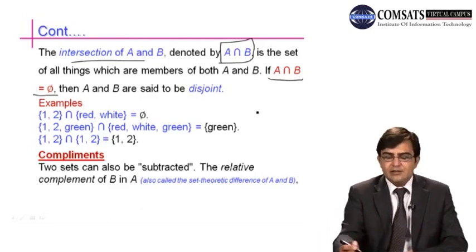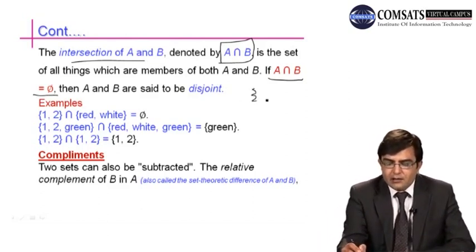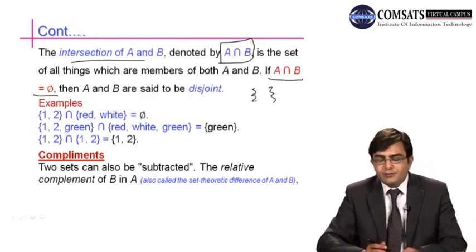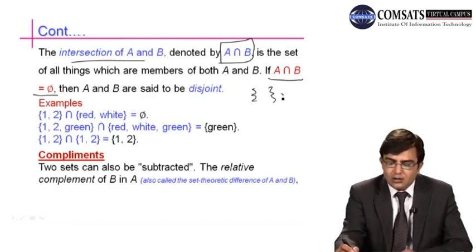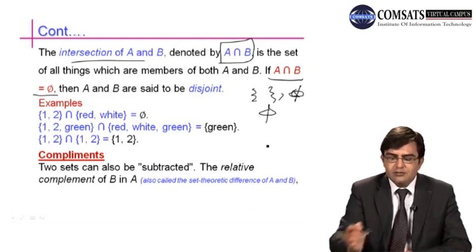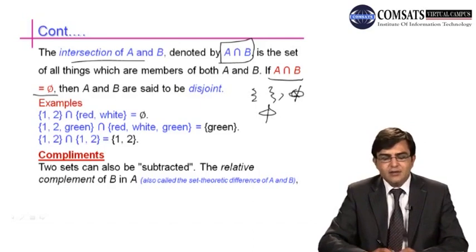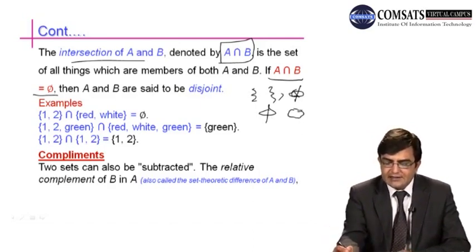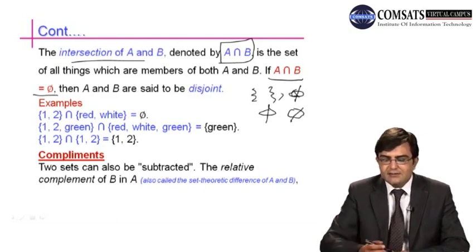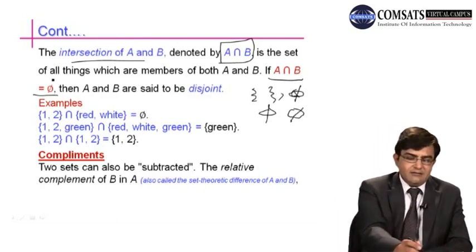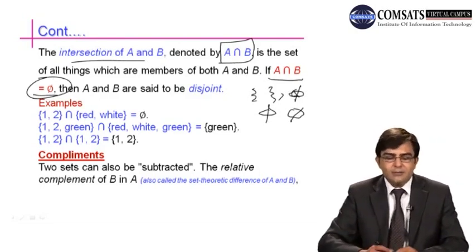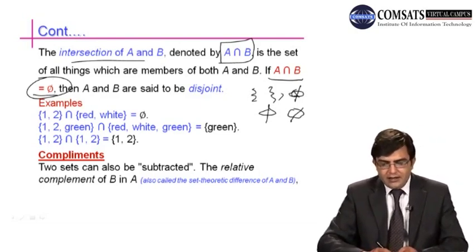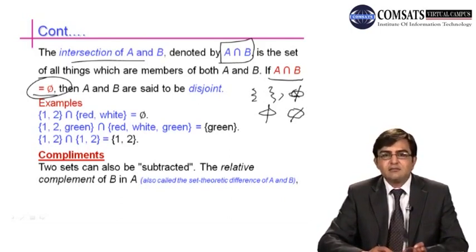An empty set is usually denoted by these two brackets like this, or by the symbol phi. You already know this, I hope. This is basically the phi set, or empty set.